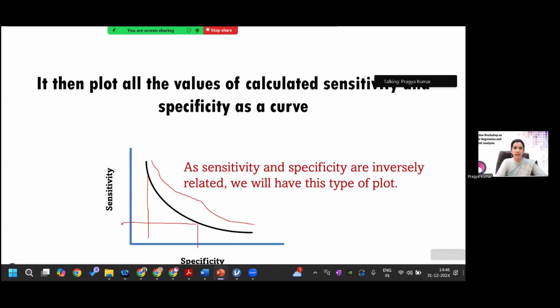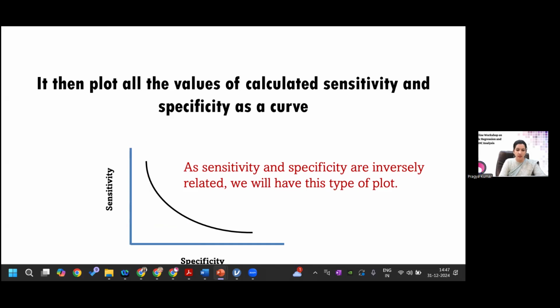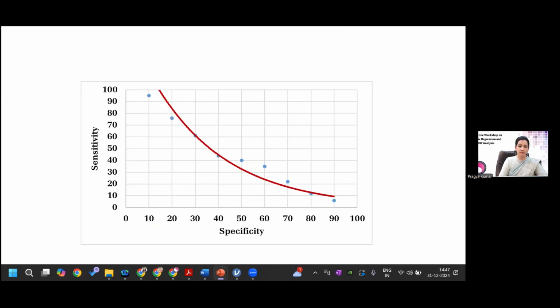So you know that they are inversely related. So we have got a plot like this. This is the reason why on ROC we have sensitivity on the y-axis and 1 minus specificity, not the specificity. So this is the curve which you have got from these points.